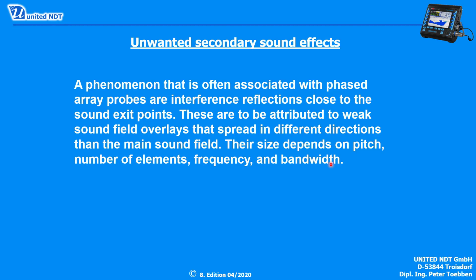And if someone thinks there's a flaw directly under the surface, just lift up the probe, and when you still see those signals, then you see it's one of the unwanted secondary sound effects. It's not a big deal.